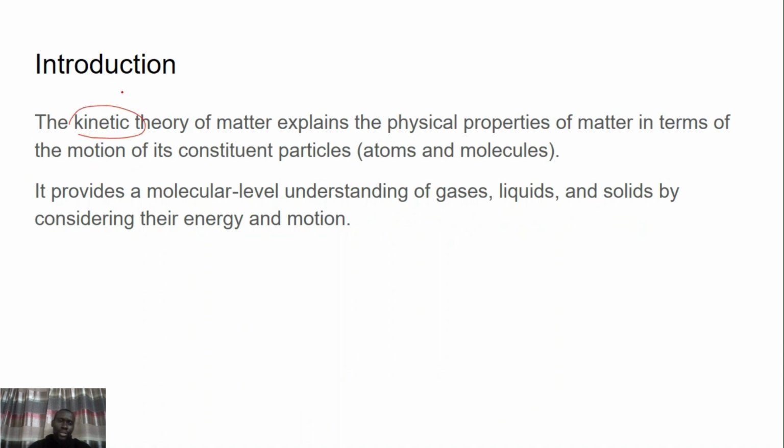So what this theory does is that it explains the behavior, the attitude of the particles that make up matter. And that particle can be an atom or a molecule. It will be an atom if the matter is an element, and it will be a molecule if the matter is a compound.